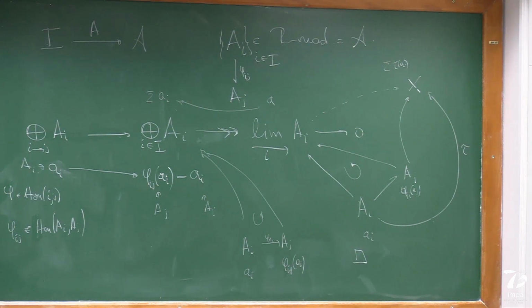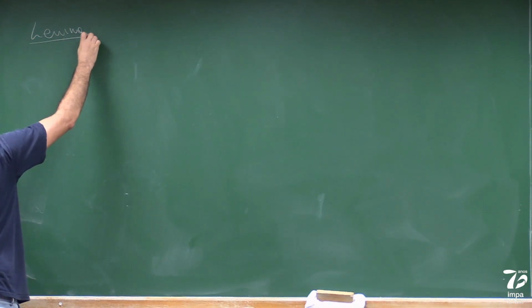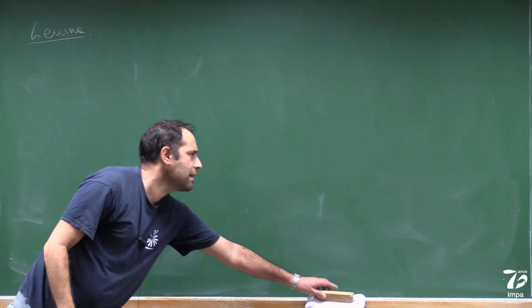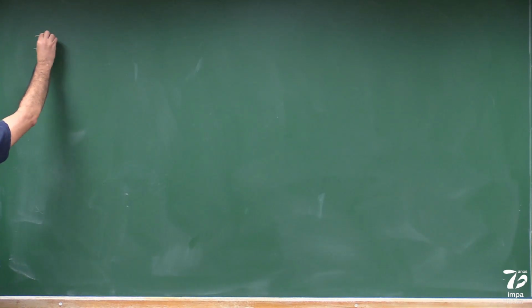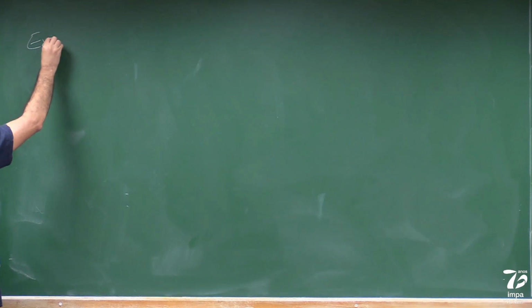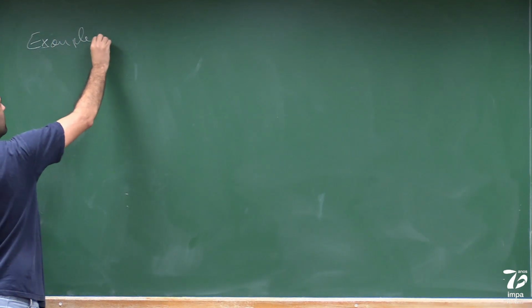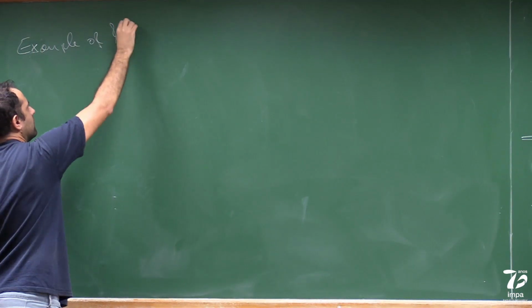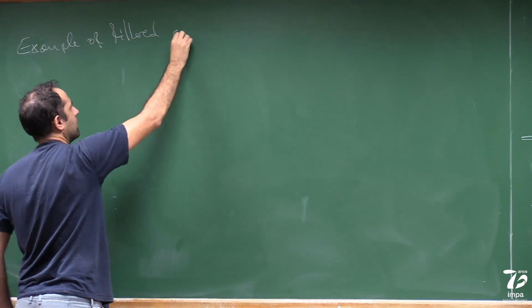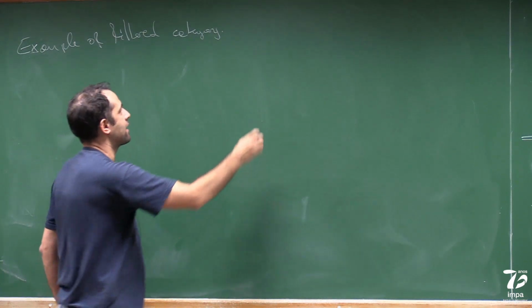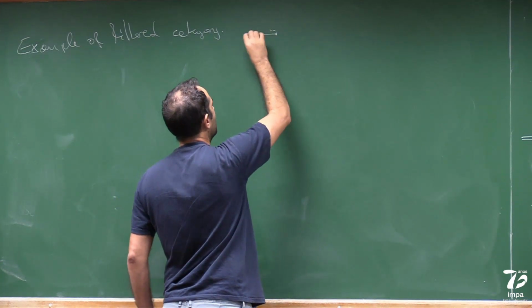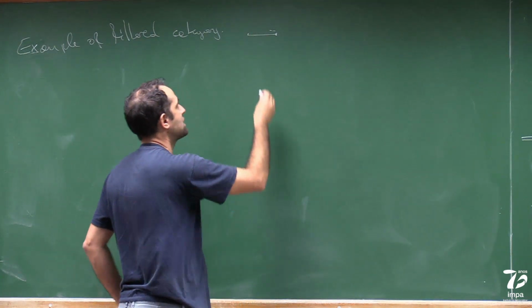All right. So the first lemma is this. Perhaps before the lemma, just an explanation. Here's an example of a directed category, of a filtered category. The typical example of a filtered category is just this. The set is just the natural numbers.